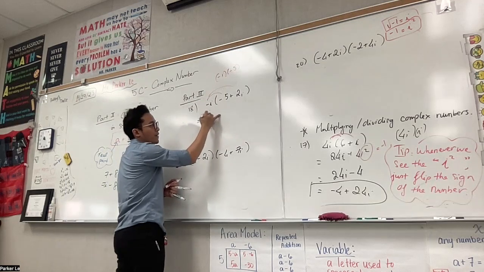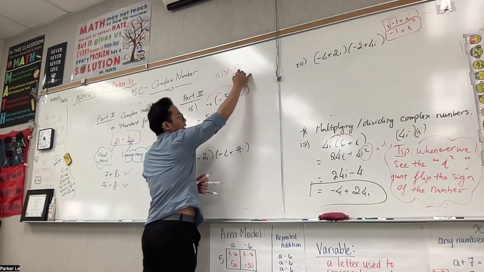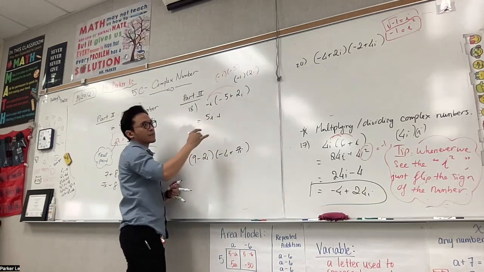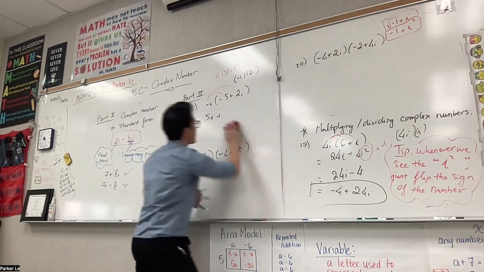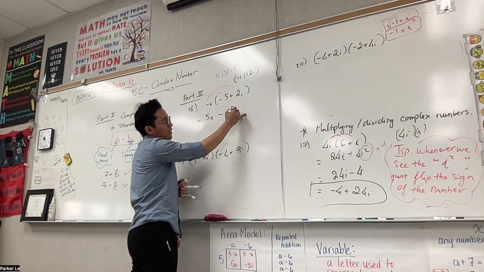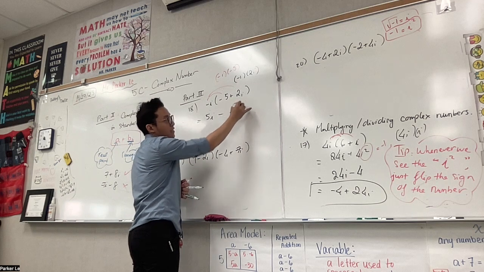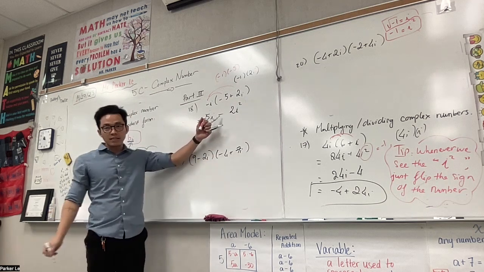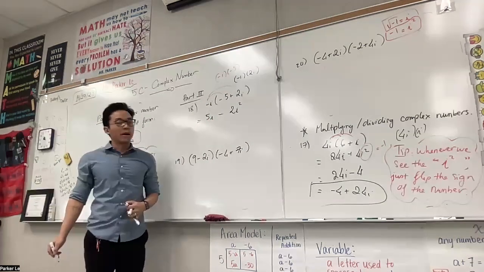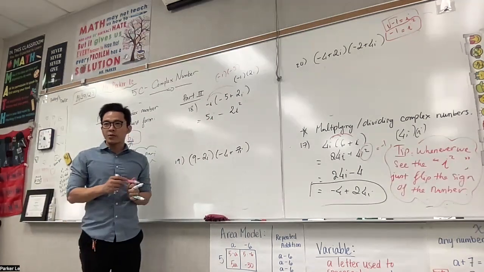That's what was said, 5i. Next one, negative i times 2i. Minus 2i squared. And what is i squared?